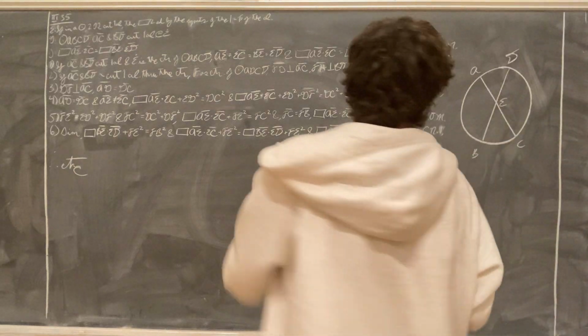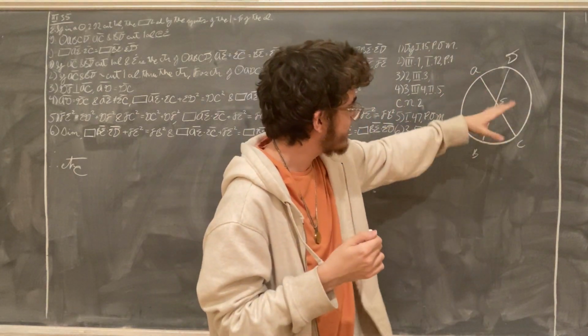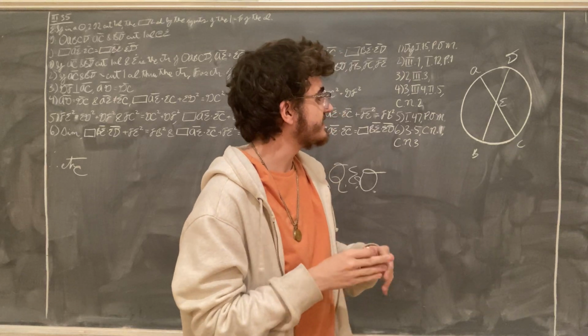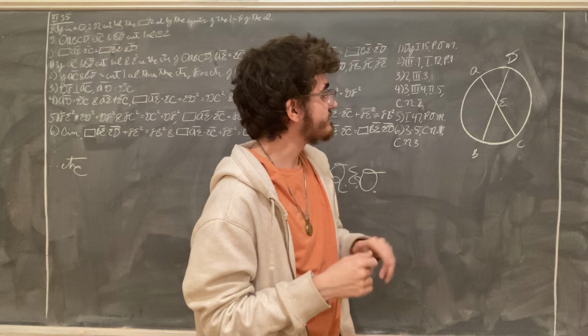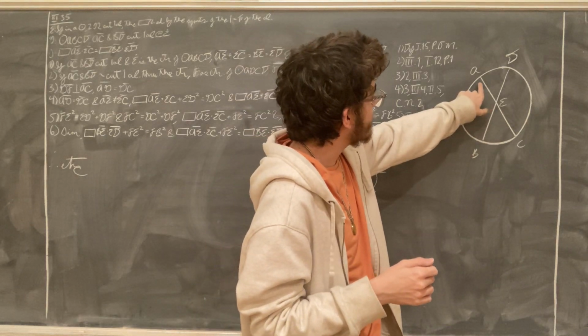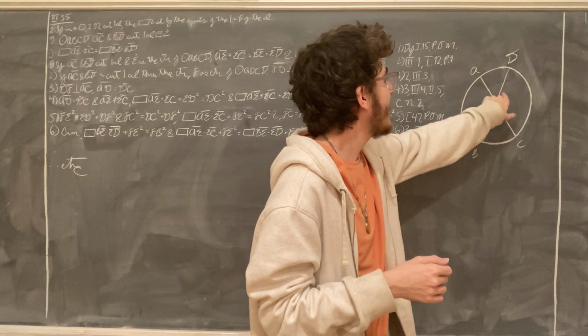What this looks like in our example is that the segments of the one straight line AC are AE and EC, and the segments of the other straight line BD will be BE and ED. And so we must prove that the rectangle contained by AE and EC equals the rectangle contained by BE and ED.